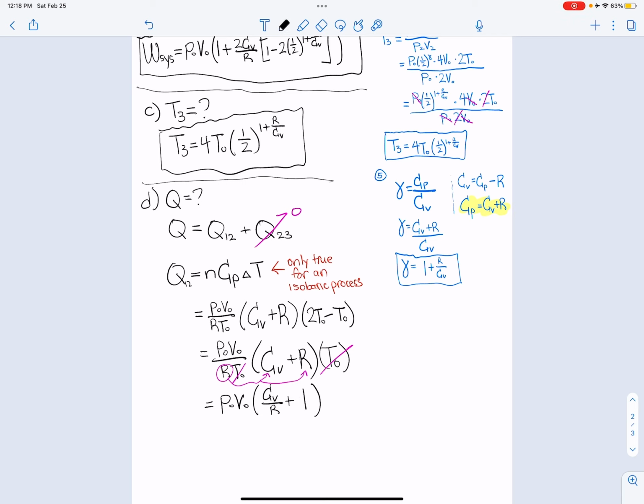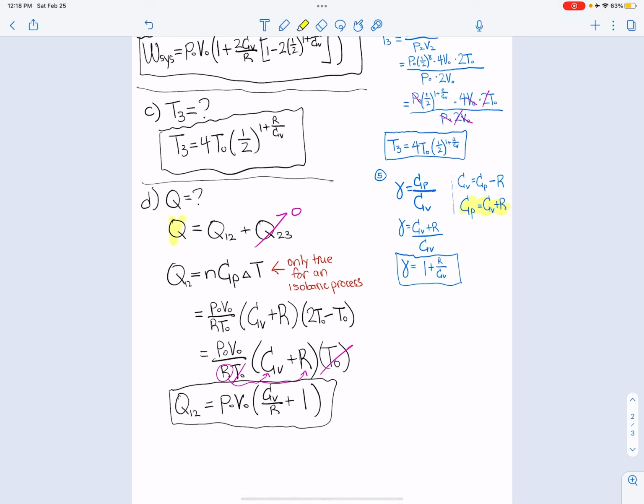So that is my answer for Q 1 to 2. My heat transfer from state 1 to 2 is P naught V naught times (CV over R plus 1).